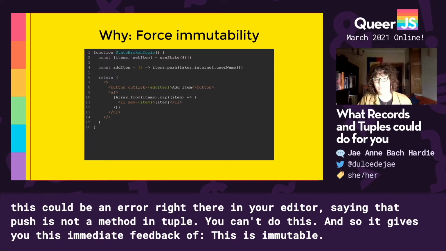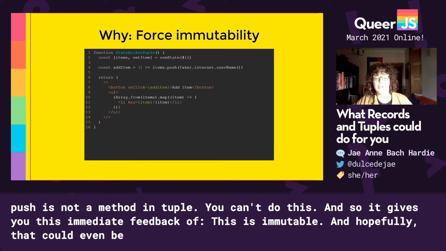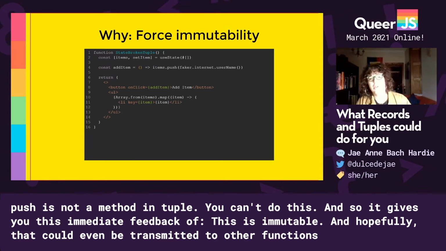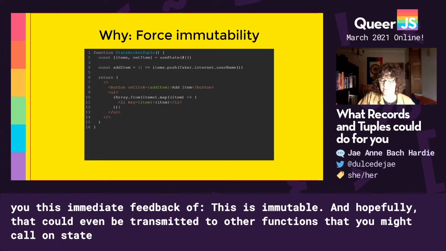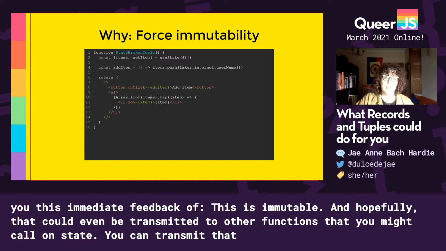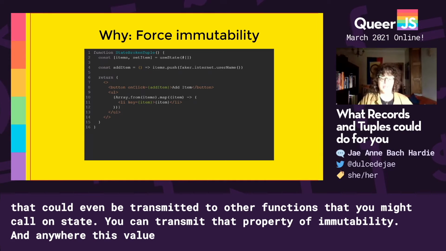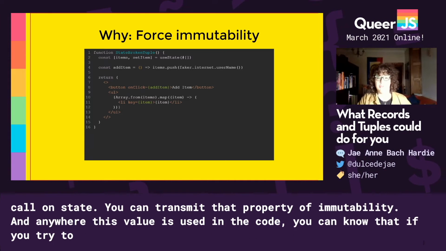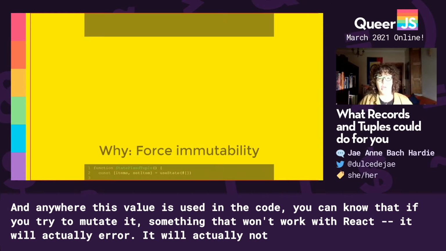And hopefully, with types, that could even be transmitted to other functions that you might call on state. You can transmit that property of immutability. And anywhere that this value is used in the code, you can know that if you try to mutate it, something that won't work with React, it will actually error. It will actually not be possible.